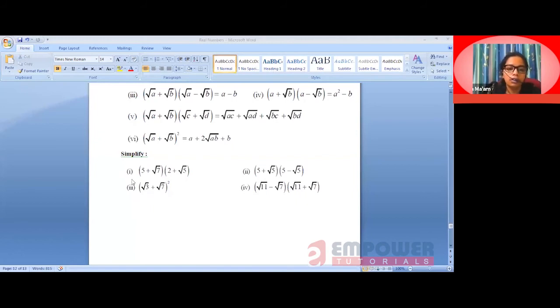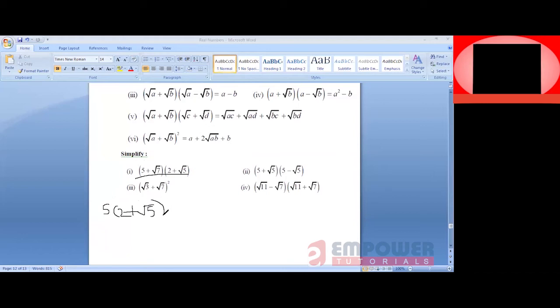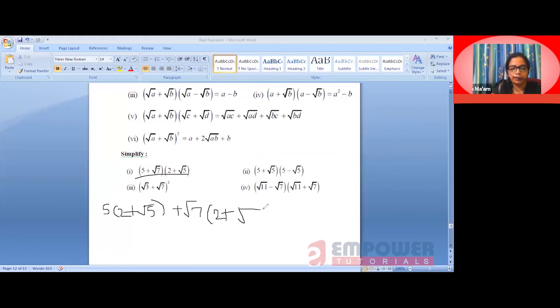Look over here. I have something like this. I need to multiply these two brackets. So I will take 5 in bracket 2 plus root 5, plus root 7, and then I will multiply root 7 to root 5.